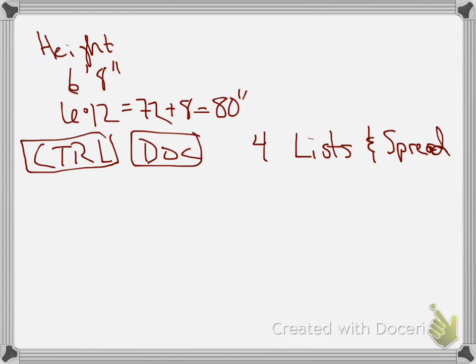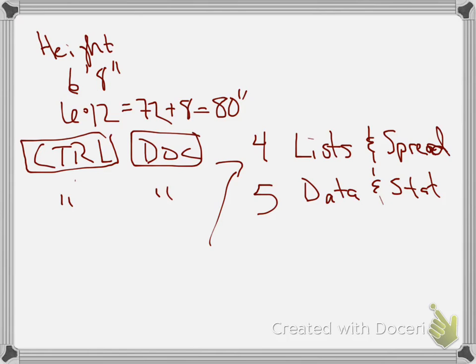And then you would type in the table. After you've got that, again, control doc. This time choose number 5, data and statistics, to do the scatter plot. Then you would have to go back to your lists and spreadsheets page to do a regression equation.